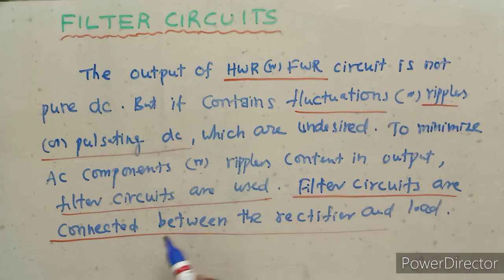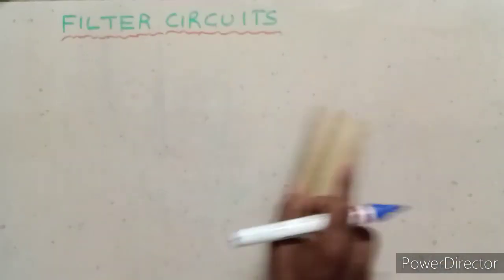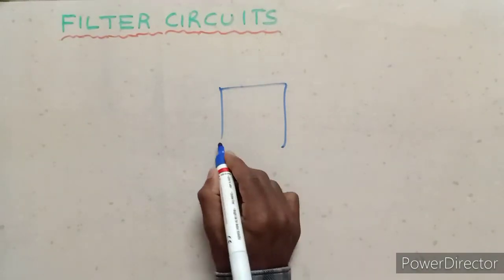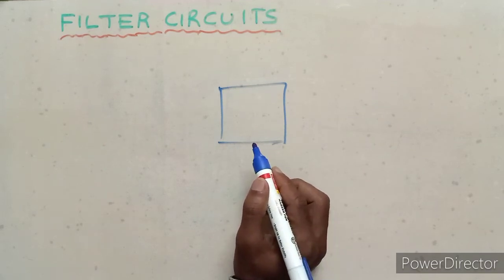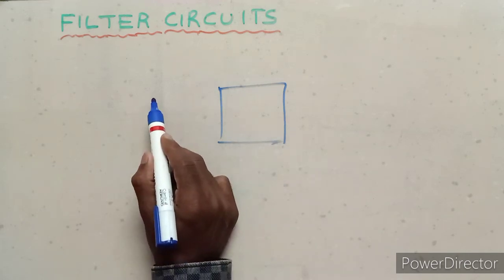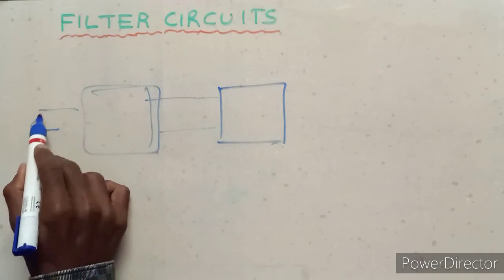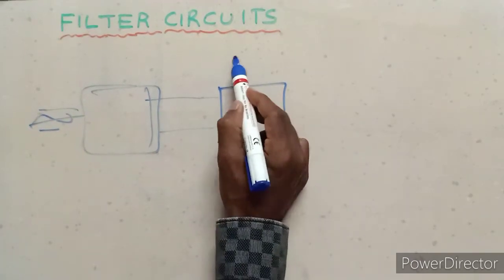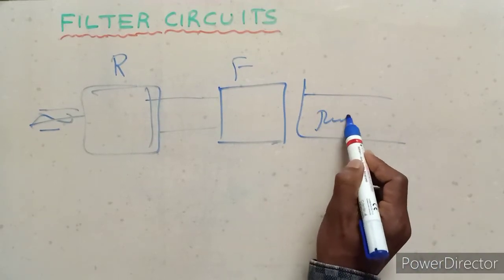The filter circuits are connected between the rectifier and the load resistance. That means this is the rectifier, this is the filter circuit, and the output is the pure DC.